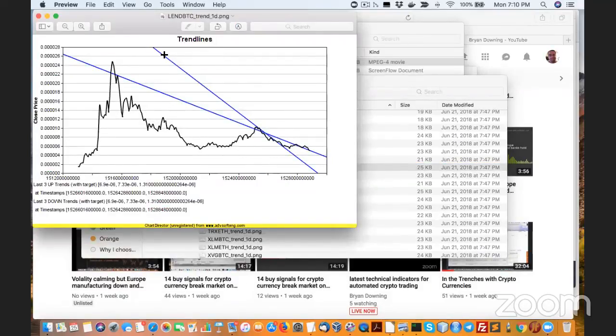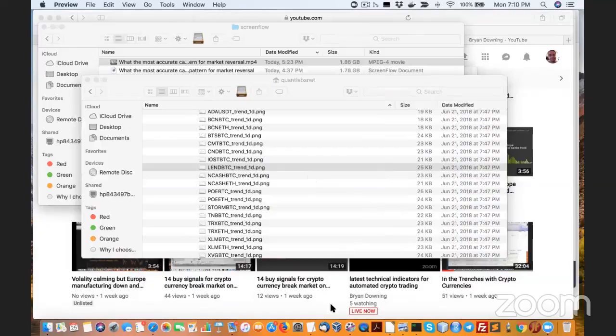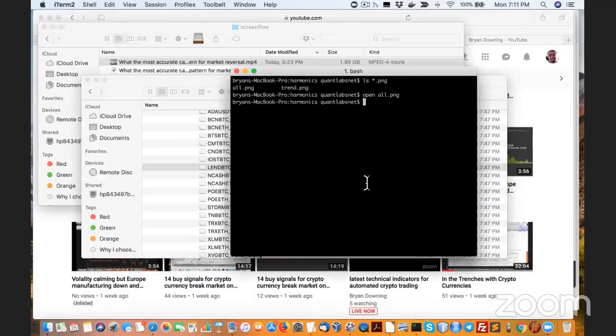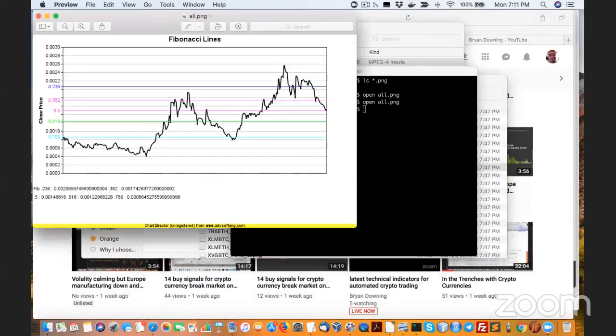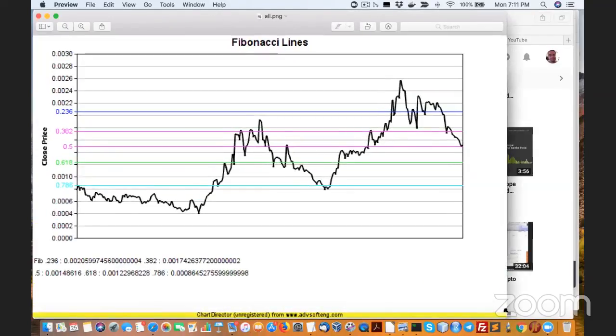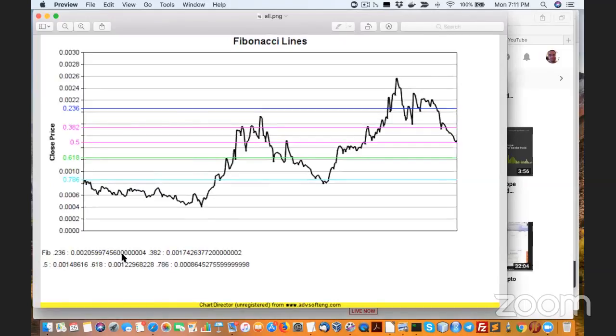So here, what we have is, oh, I'm sorry, I forgot to mention something in the Fibonacci's. Really important. Okay, going back to the Fibonacci level. I've got this text below here. These are the current price levels at these Fibonacci levels.